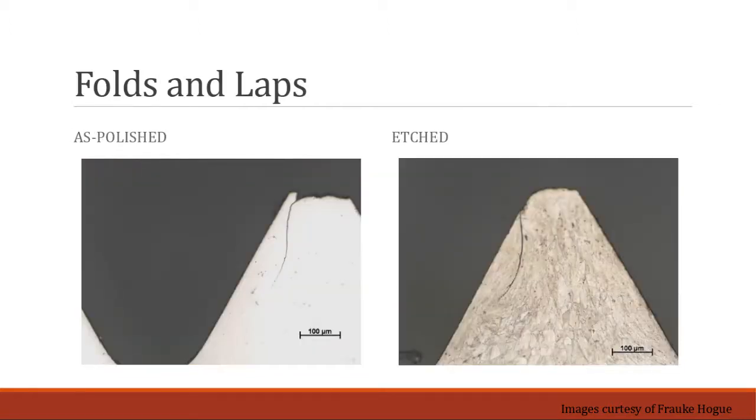Folds and laps are another defect that we can find through cross sections. In the as-polished condition, you can see a line that has been formed, and all it really is is material that has been folded over on itself. Thread laps are very common.